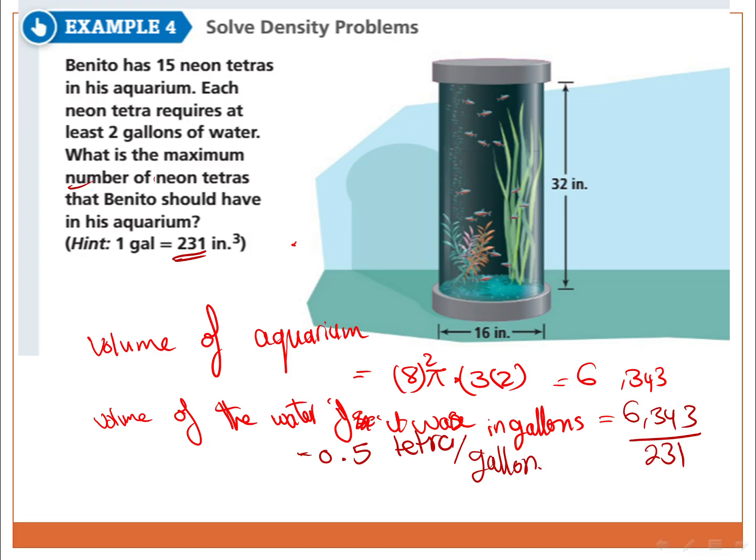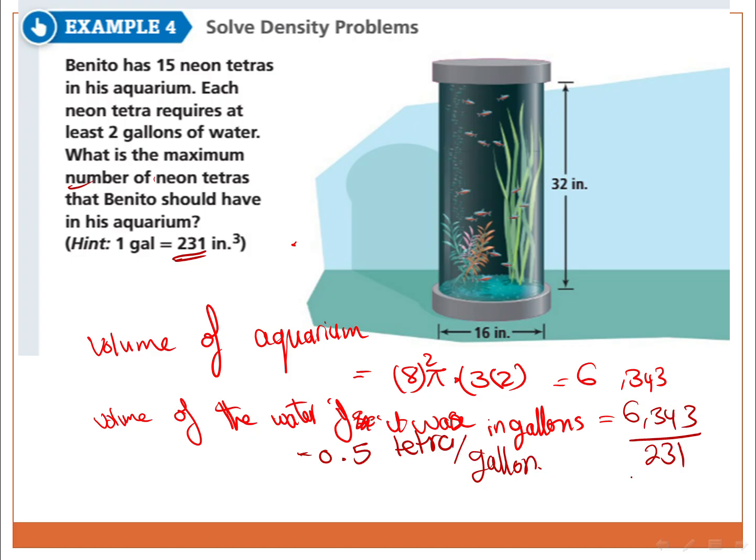Compute the number of neon tetras that the aquarium should hold: multiply the number of gallons by the density of tetras per gallon. After this, you will find how many.